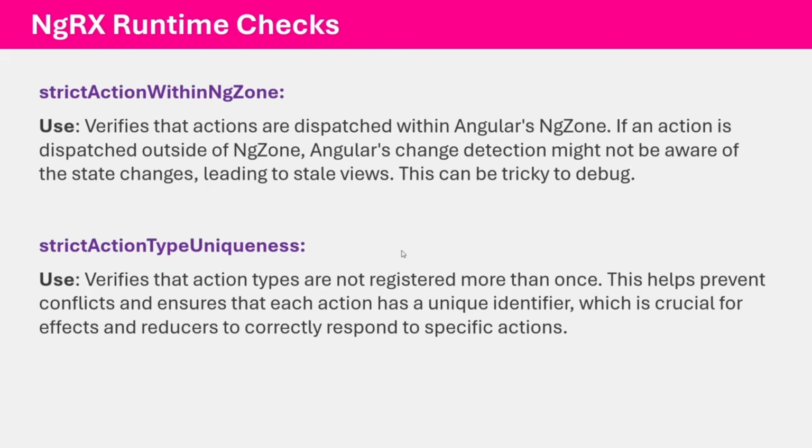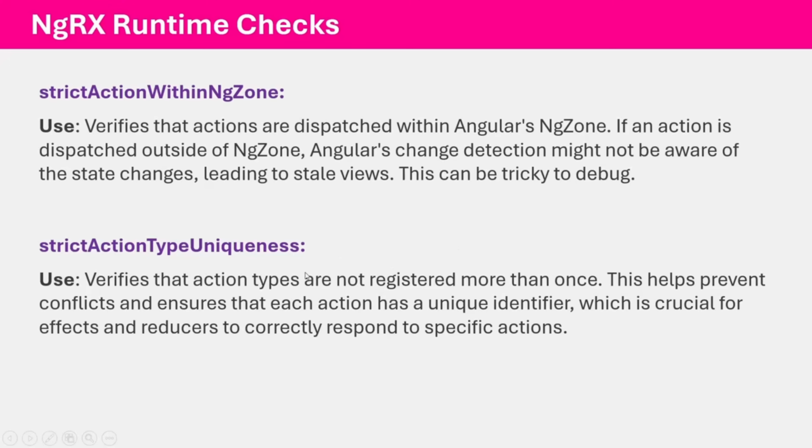When we were talking about actions, we also learned that every action must have a unique type. If you do not enable this strict action type uniqueness, then for 2 different actions, you can specify the same type, and the NgRx application will not complain. But if you enable this, and you have 2 actions with the same type value, NgRx is going to throw an error.